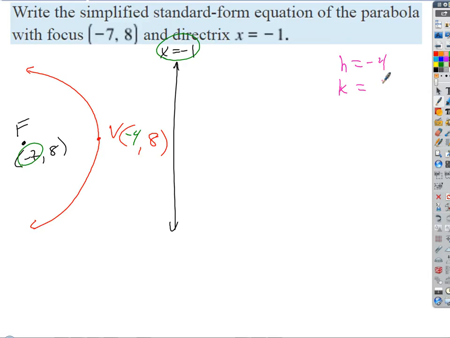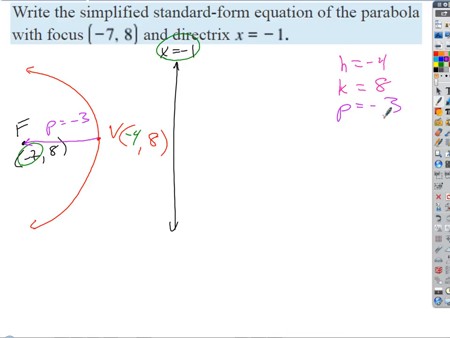K equals 8, and then what about P? How far do we have to travel from V to F? X values change, Y stays the same. So X values change from -4 to -7. Good.